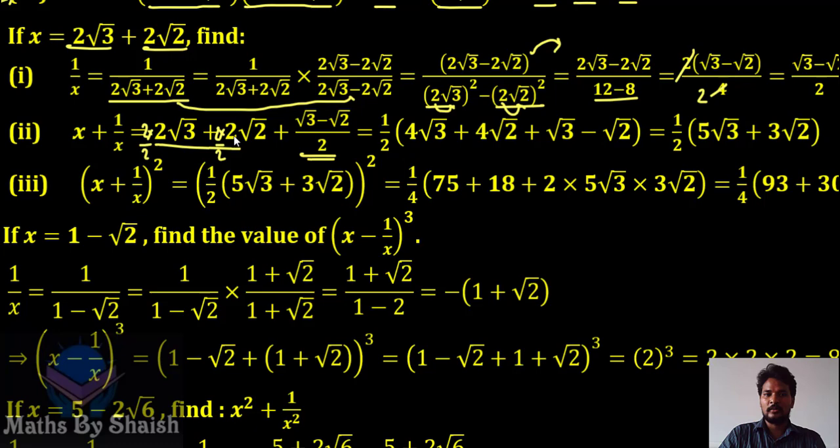I have taken 1 by 2 common, and here we get 4 root 3, here we get 4 root 2, and then plus root 3 and minus root 2. Then there are like terms, 4 root 3 and this, so it is 5 times root 3, and 4 minus 1, that is going to be 3 root 2, and then the whole upon 2.